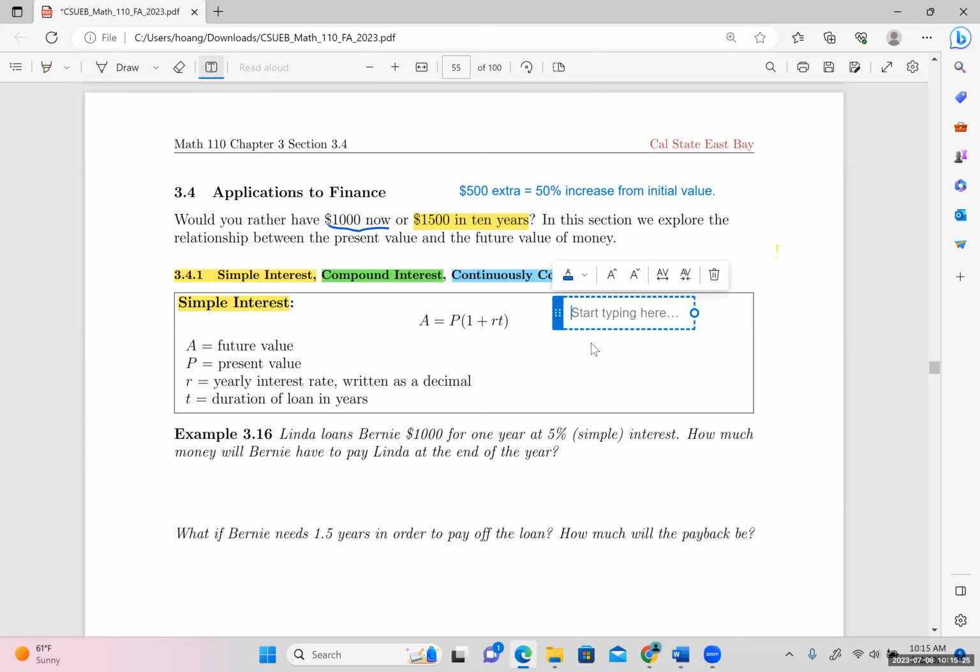changes. It's just like constantly adding an amount of money. From that amount of money.